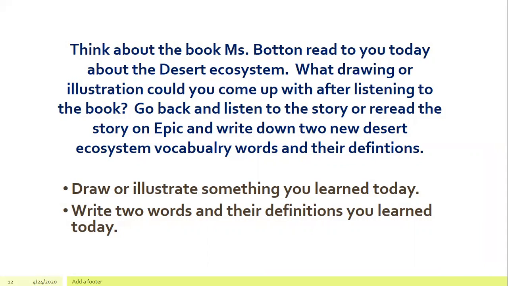Go back and listen to the story or reread the story on Epic and write down 2 new desert ecosystem vocabulary words. Be sure to include their definitions. So first, you're going to draw something you learned today: illustrate it, make a chart, make a map. Then write down 2 words and their definitions about the desert ecosystem.